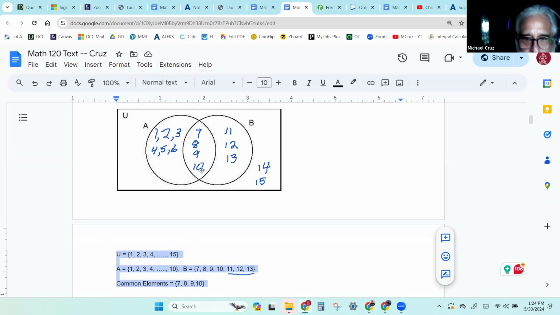Common elements in the middle, and then 1 through 10 in A, and then 7 through 13 inside of B, and then 14 and 15 are not in either A or B, but are in the universal set.